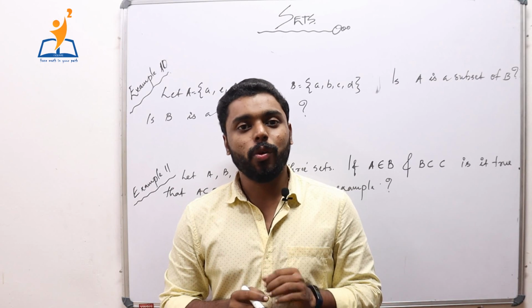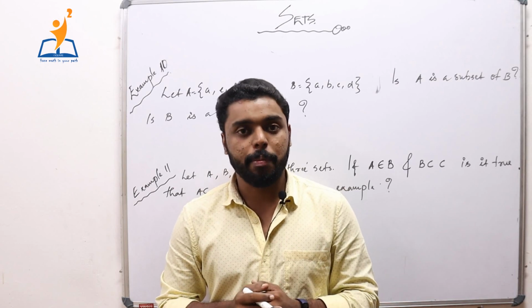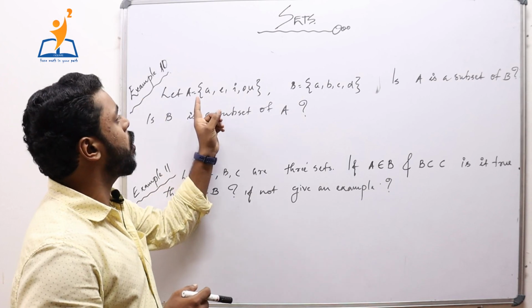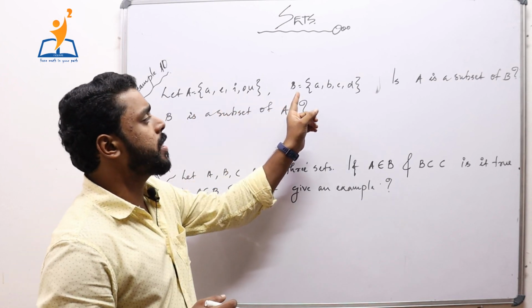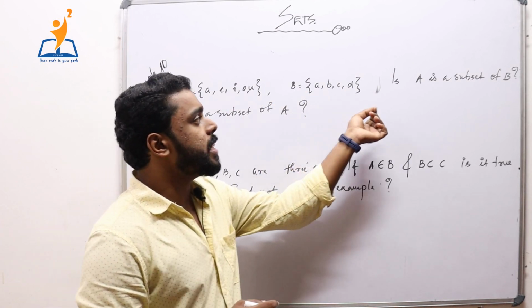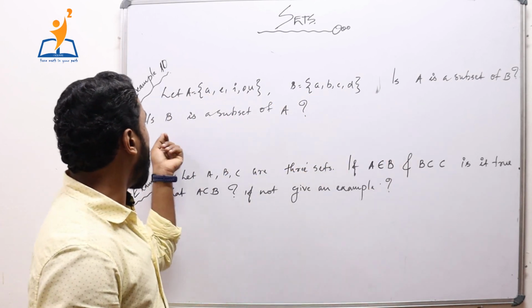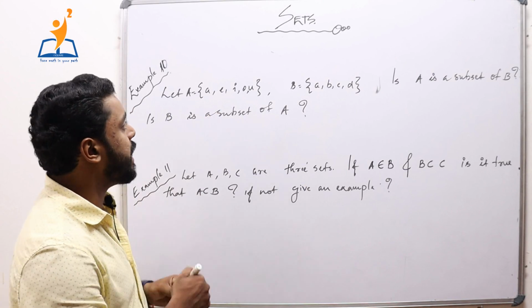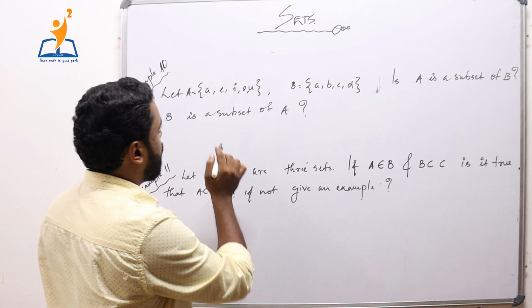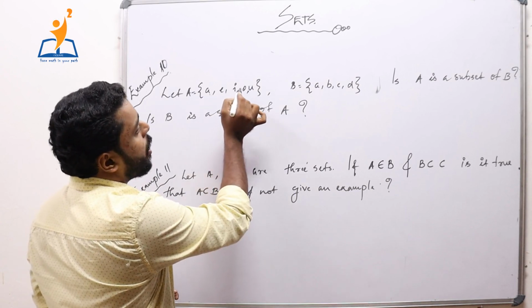Now we shall solve example 10 and example 11. In example 10, it is asked that A is equal to {a, e, i, o, u} and B is equal to {a, b, c, d}. Both are in roster form. Is A a subset of B and is B a subset of A? See, the first part is A is a subset of B. Here we have a, e, i, o, u.